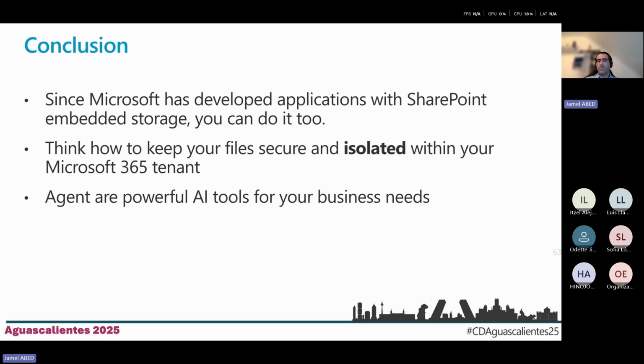And agents are a powerful tool for your business needs. For my main customers, the real use case for agents is that they want to ask the AI in natural language to find or search their files or to manage everything.